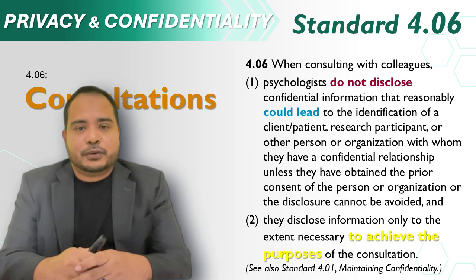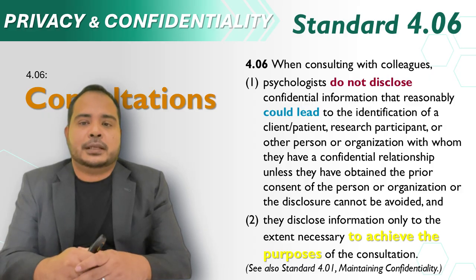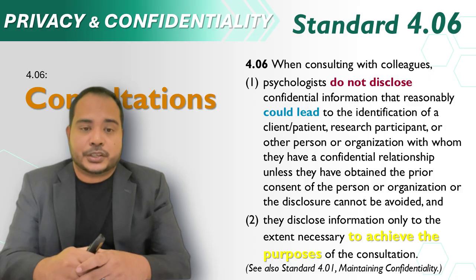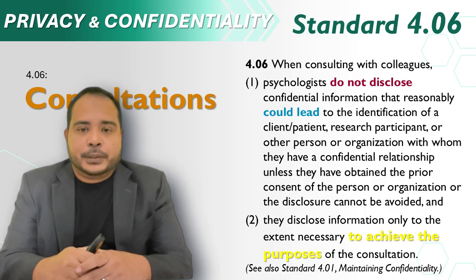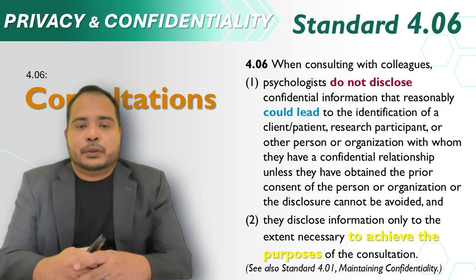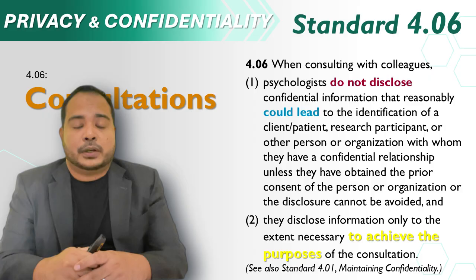If identifying information must be shared to obtain meaningful consultation, we are required to obtain prior consent from the individual or organization. So we must explain the nature and the purpose of the consultation, and we must clarify who will receive the information, and we must document the process of getting the consent from our client.